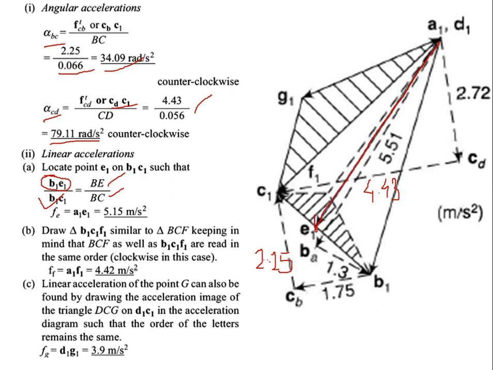So this line now, measure this line A1 to E1. That will be nothing but the acceleration at point E. How much are you getting? Just check and tell me.